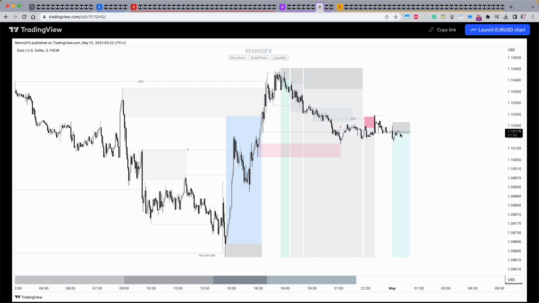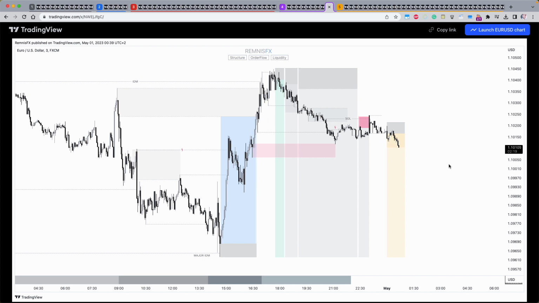So I was confident enough to place my fourth position from this area here. That one eventually got triggered, as you can see, which is why I changed the color to orange, as in four positions. Then price went lower.